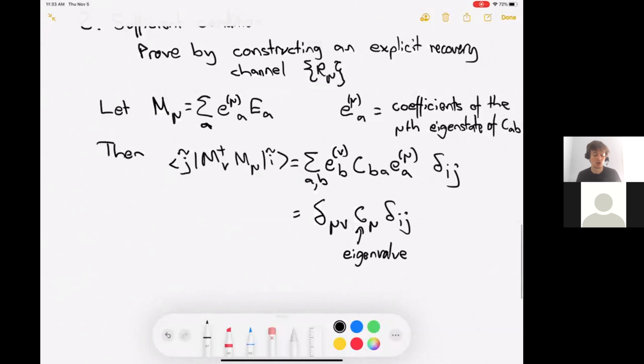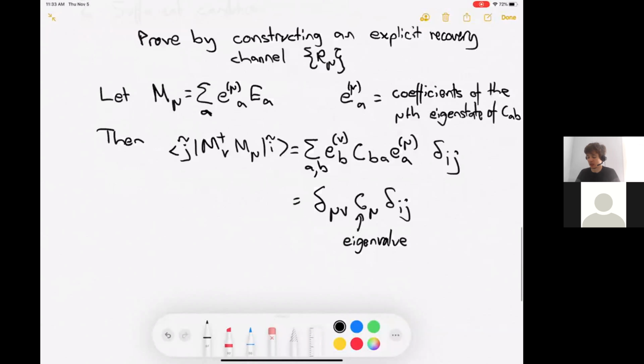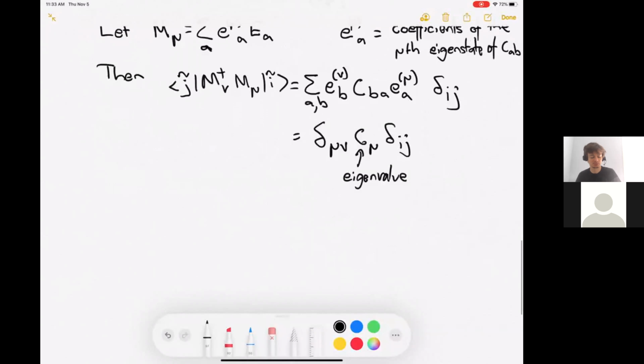Okay, so by working with this set of operators M mu rather than the set of operators EA, we've diagonalized the matrix CBA. Totally standard thing to do anytime you have a matrix, right?